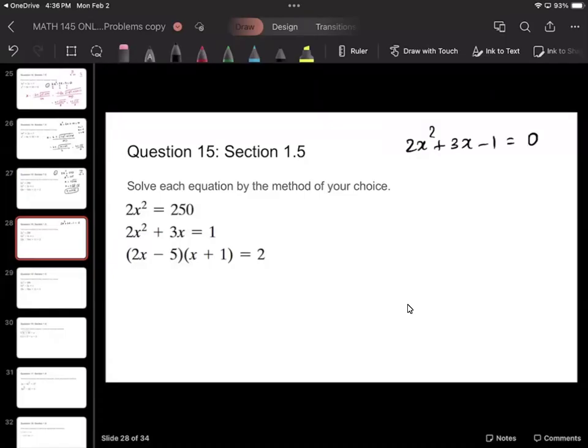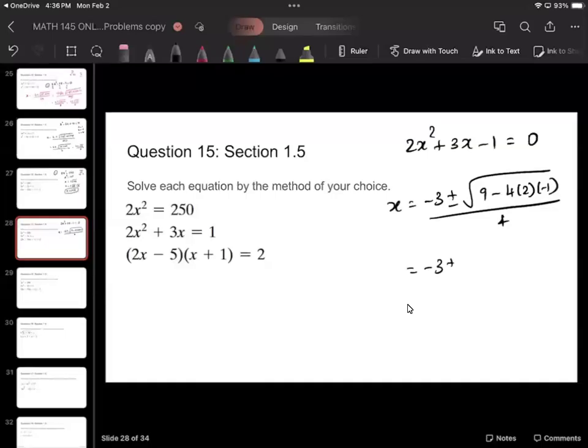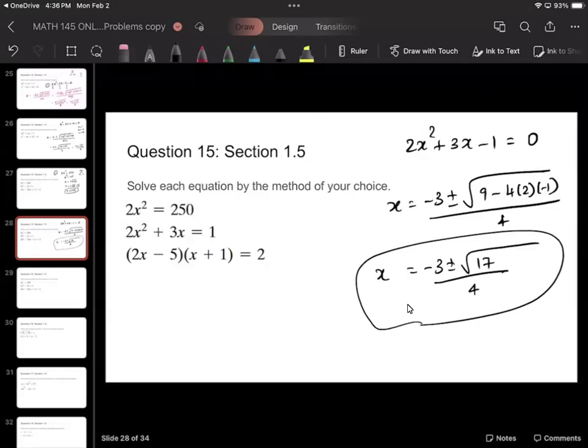I can't factor this, so I'm going to use the quadratic formula. So I have x equals negative b plus or minus square root of b squared minus 4ac all over 2a. 4 times 2 is 8, 9 plus 8 is 17. So this is my answer, and I just leave it like that. Okay, that's good enough.